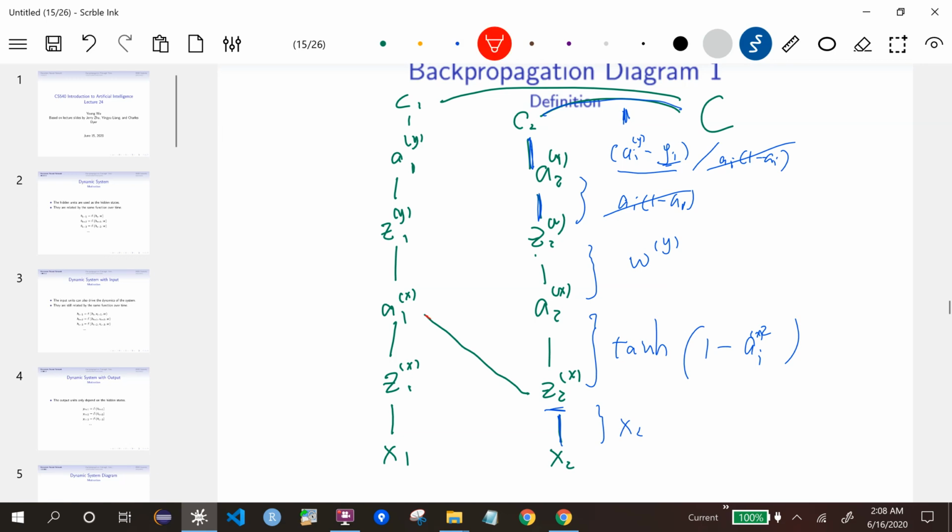And the second chain is we need the derivative between these two as well. And the derivative between a z and the a is just a w. So this is our wh, and whichever jj prime, it depends on which one we want. But in any case, we need to go back here again, and the derivative between these two is again hyperbolic tangent, so it's 1 minus ai squared.